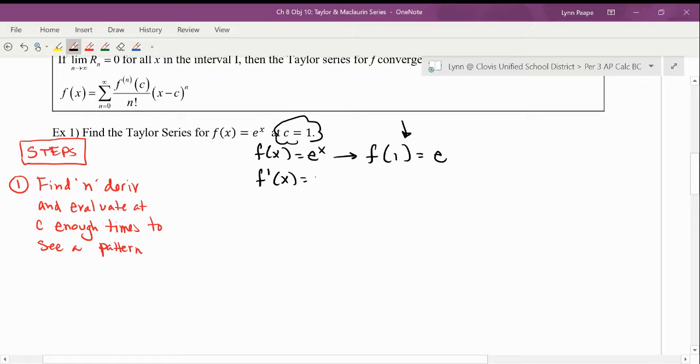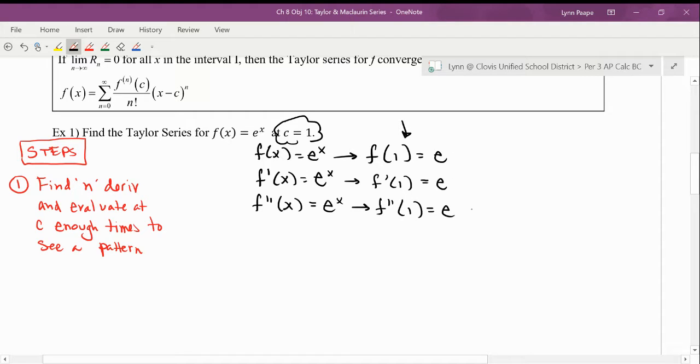So at c, f prime of x, e to the x, the derivative is e to the x, and I want to evaluate that at 1. So e to the first is still e. Let's do one more just in case we don't see that pattern. I'm going to take the second derivative, which is e to the x, and then evaluate that at 1 as well, which is e.